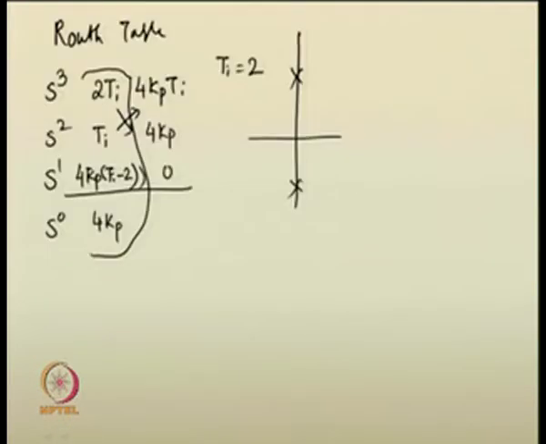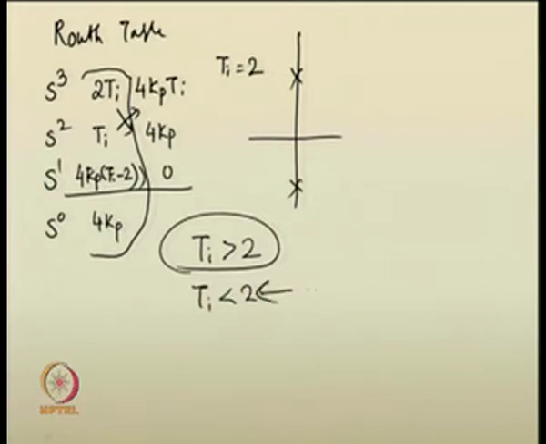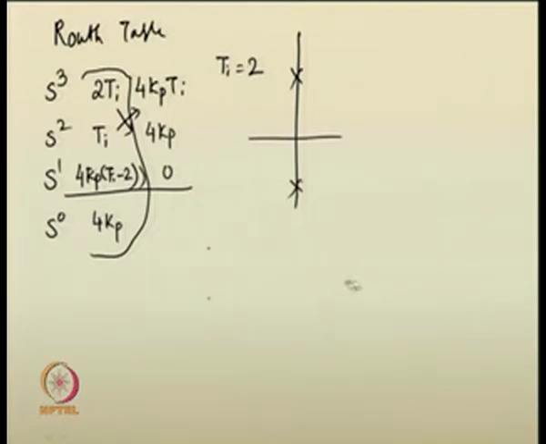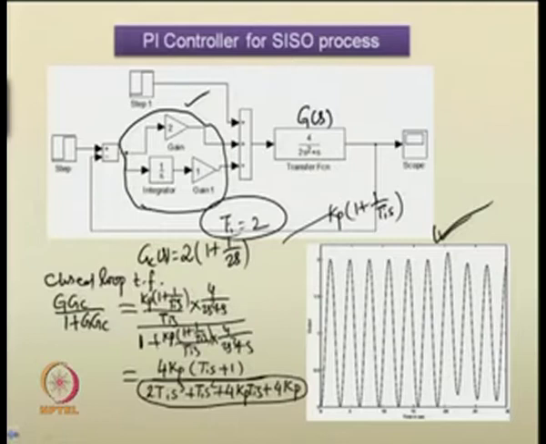But when Ti is greater than 2, or very large compared to 2, we obtain a stable response from the closed loop system. When Ti is less than 2, the closed loop system will yield an unstable response, or the output response will explode. This is how one can design a PI controller for the process given as 4 upon 2 s square plus s.